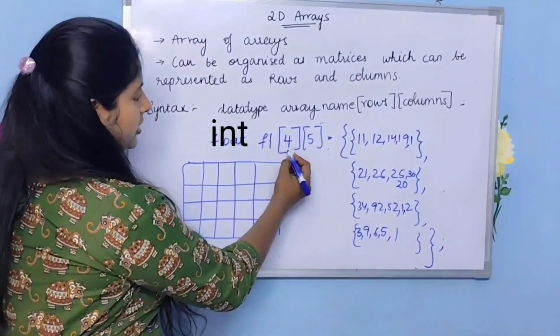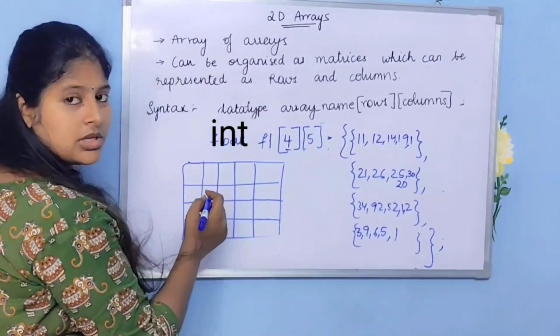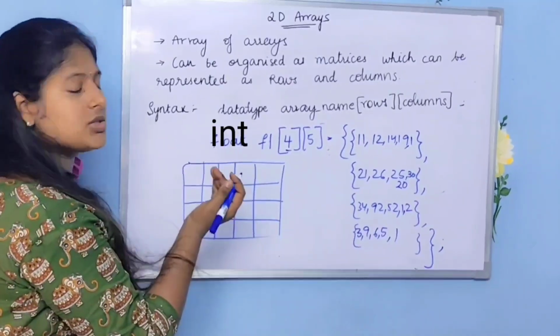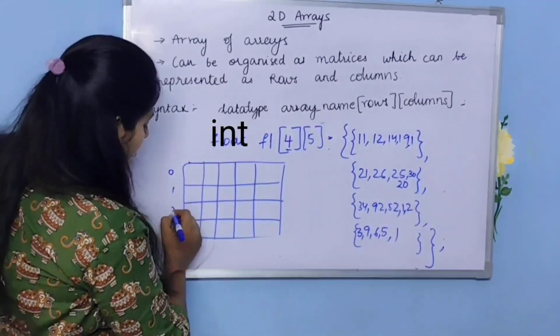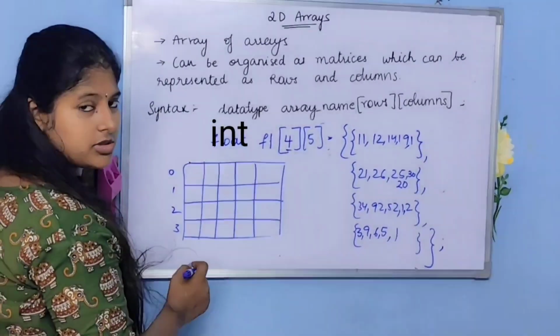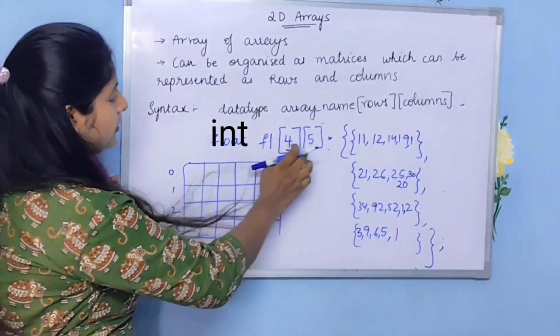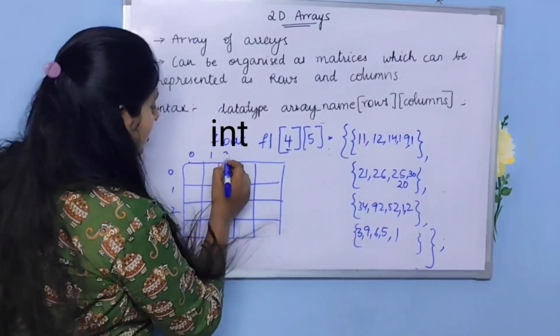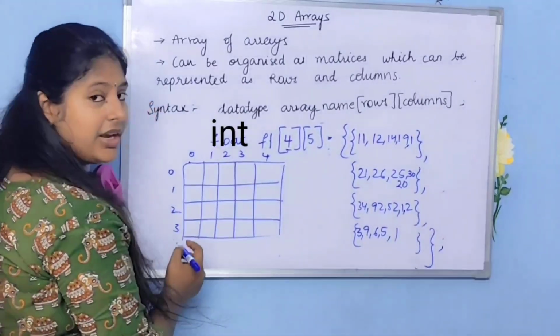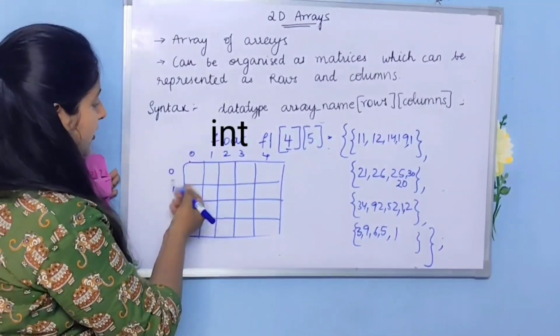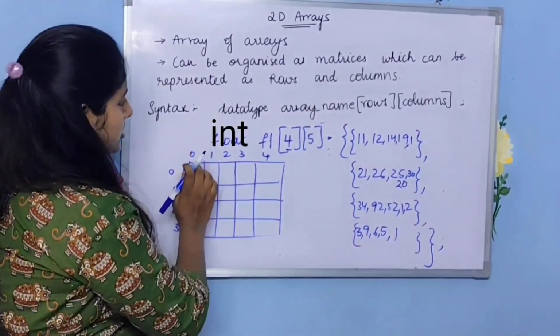Okay. So how many rows are there? 4 rows. So my index starts from 0 to n minus 1. That is 0, 1, 2, 3. Here it stops. And after this, how many columns do I have? I have 5 columns: 0, 1, 2, 3, 4. Fine. So now I want to insert elements. What is the 0th element?